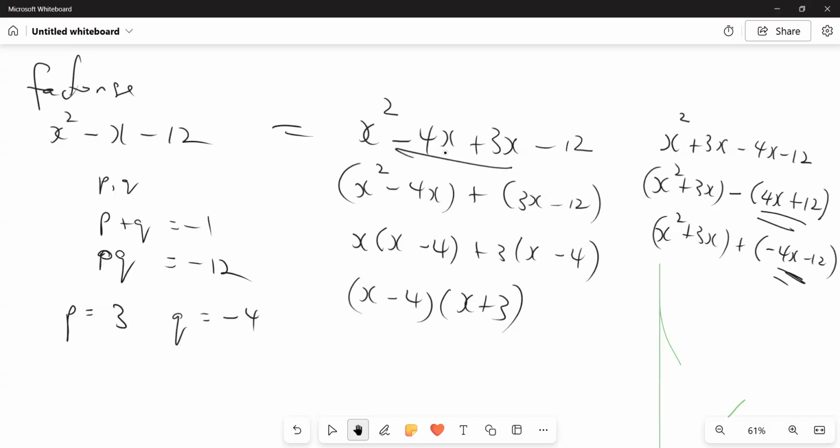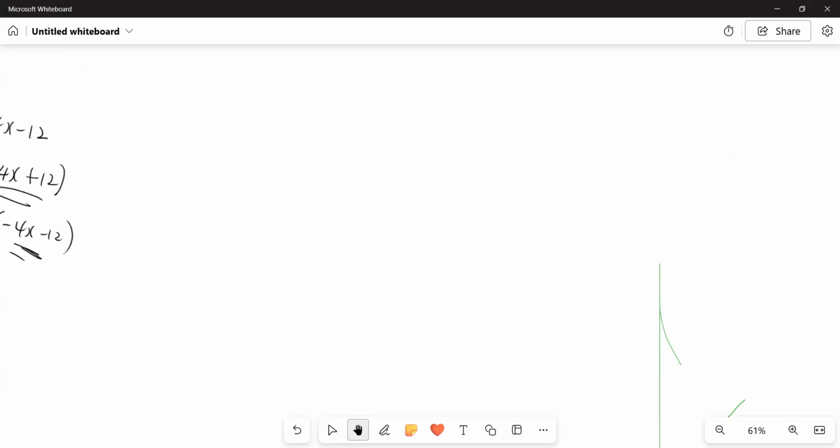Good. Let's look at one where we have another number other than 1 in front of x squared, right? Let's try one like that.